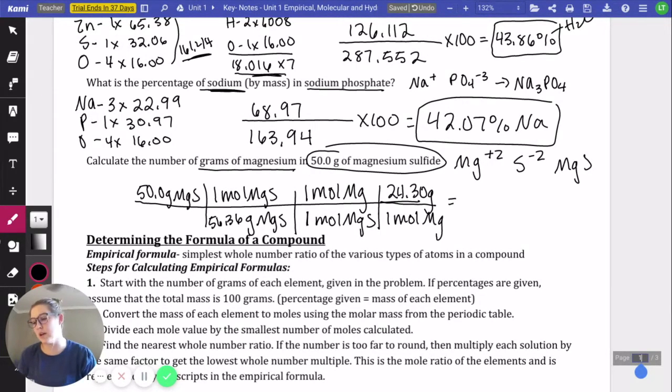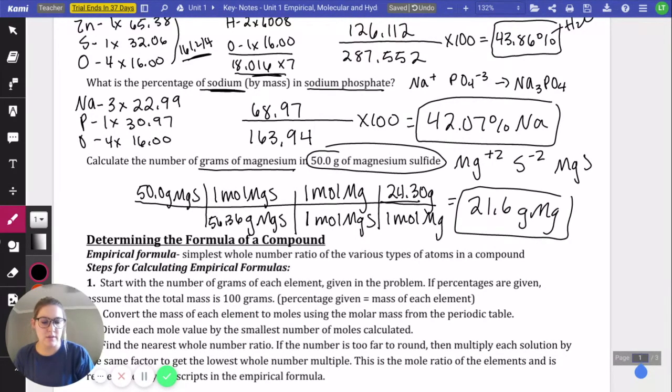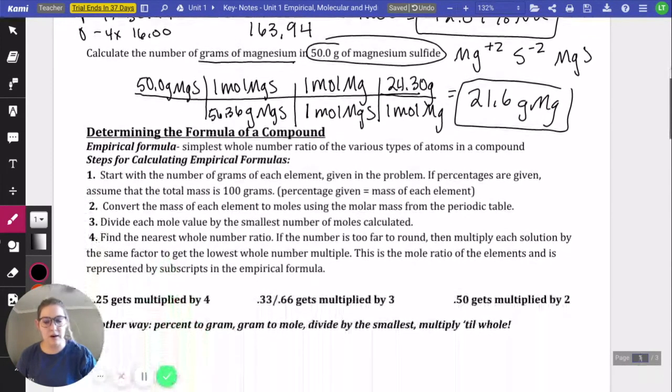So now I can multiply across the top, divide by the bottom, and I got 21.6 grams of magnesium. Okay, so that is kind of like a percent comp question there, but we can use that mole-to-mole ratio instead of solving for percent comp to figure out how much magnesium is there, but it's using those mole-to-mole ratios still.